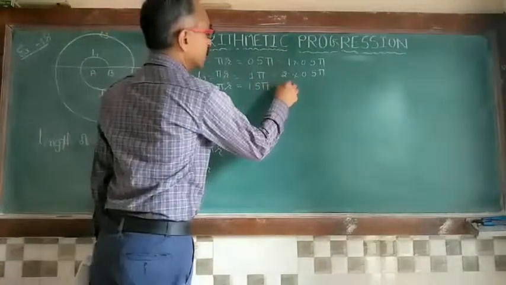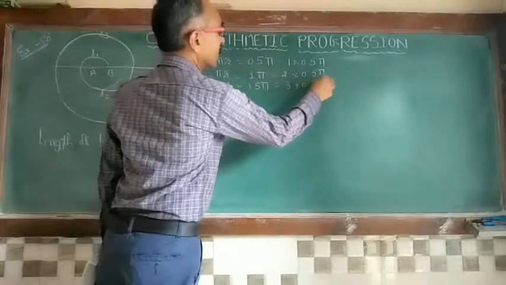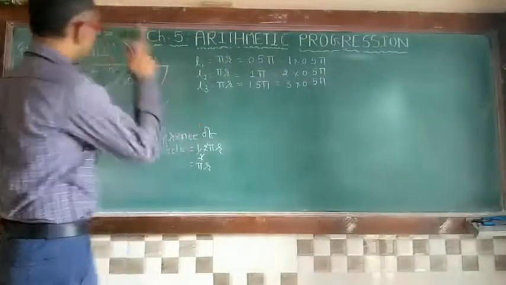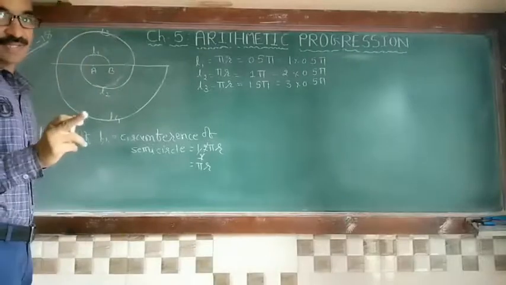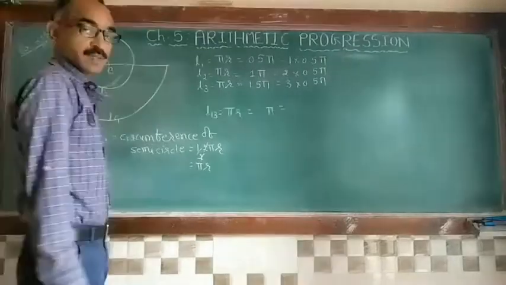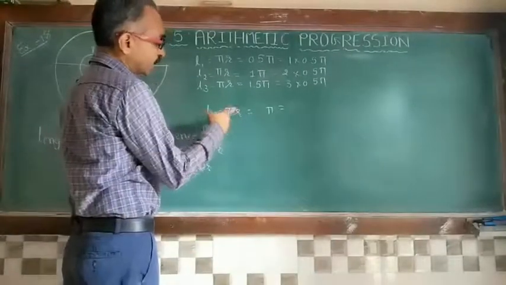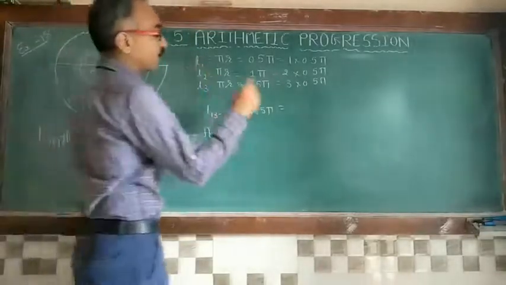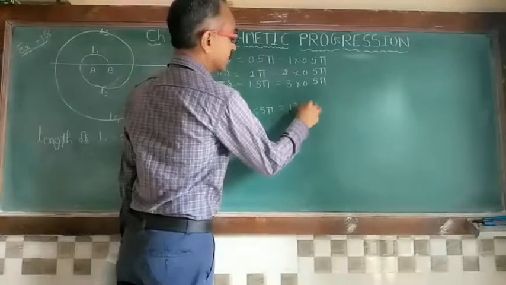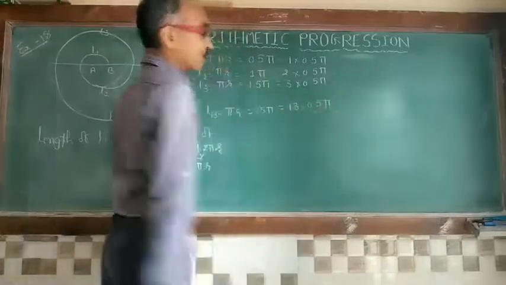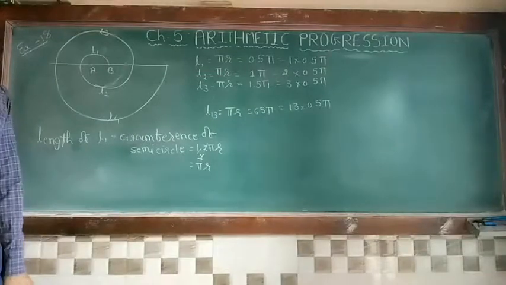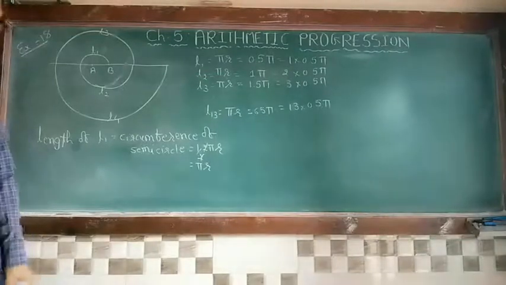That means 3 into 0.5 pi. Okay. You have to find up to 13 consecutive semicircles. So L13 is equal to pi r, that means 6.5 pi. 6.5 means 13 into 0.5 pi. That is the length of the semicircles given in your figure.